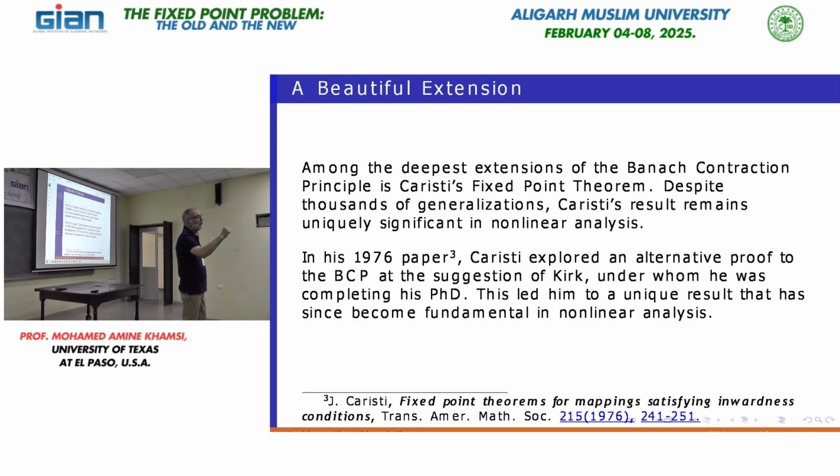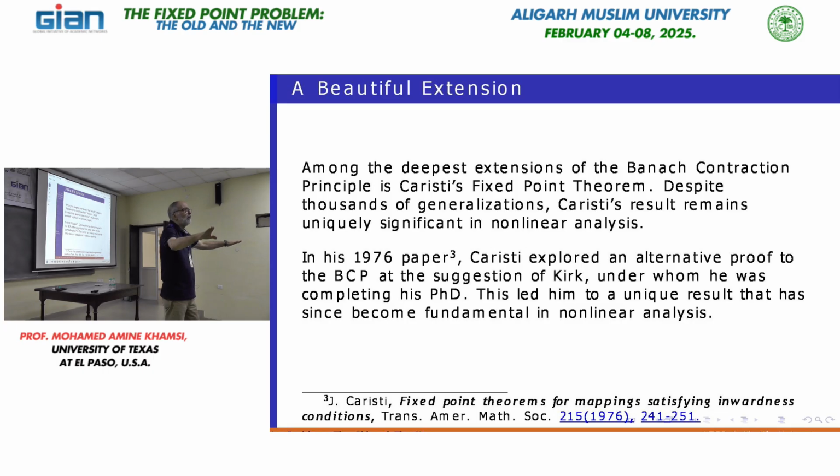When was the theorem of Banach published? By now you know. 1922, so 1972 is 50 years. I assure you, without exaggeration, thousands of pages were written on the Banach principle during this period.